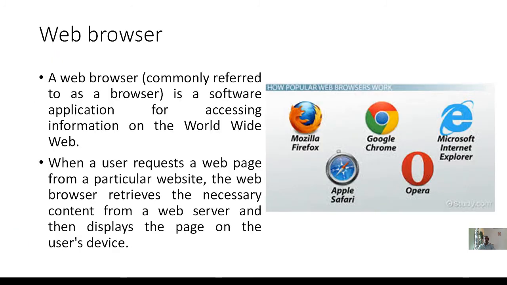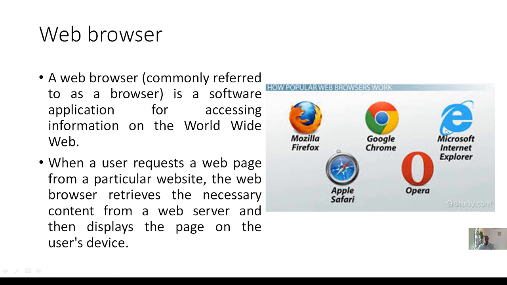Then the next thing is the web browser. You know, the web browser requests a website. A web browser is a software application for accessing information on the World Wide Web. Commonly used web browsers: Google Chrome is a web browser.